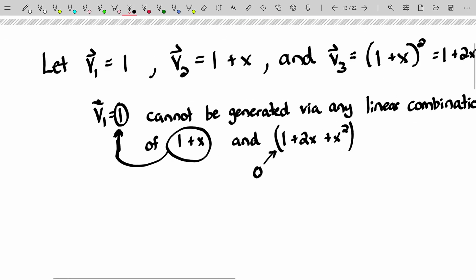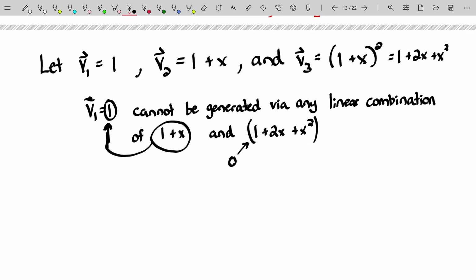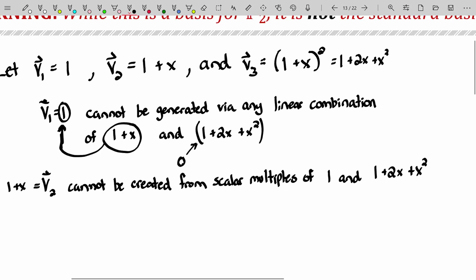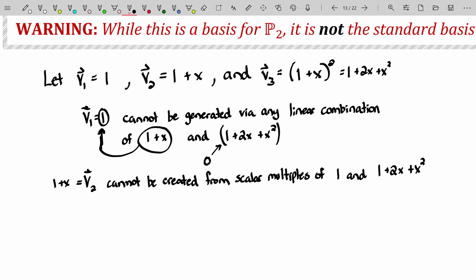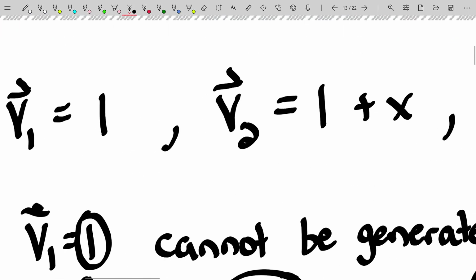The same argument holds for V sub 2 and V sub 3. V sub 2 cannot be created from any linear combination of V1 and V3. It's just not possible. And finally, V3 cannot be created from any linear combination of V1 and V2. I'm not going to bother writing that down, but you could easily see it, right?